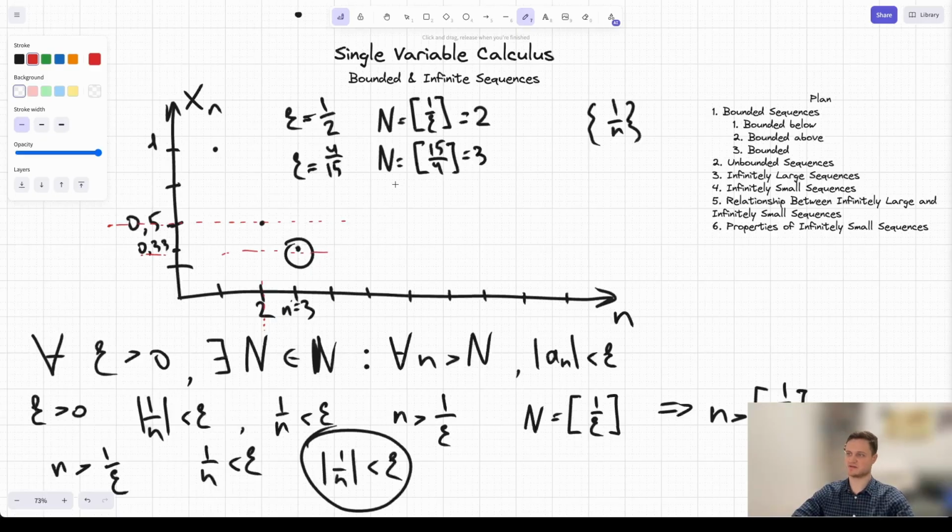And we know that starting from element 4, so 1 after n equals 3, so when n small equals 4, this will be 1/4, 0.25. The sequence is proving that this is infinitely small. And we can do the same exercise for any epsilon, and this will still work for this sequence 1 over n, proving that this is infinitely small.